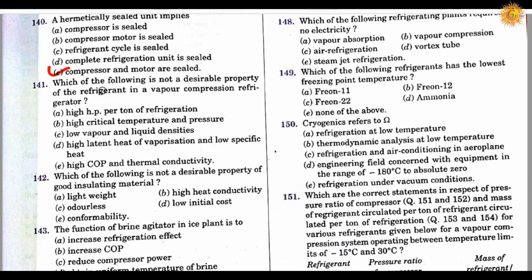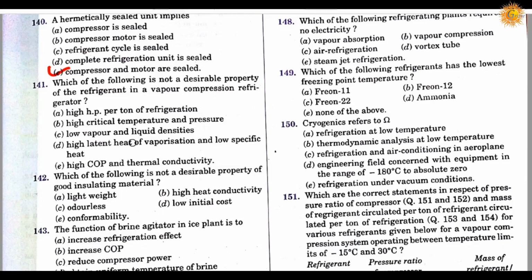Question 141. Which of the following is not a desirable property of the refrigerant in a vapor compression refrigerator? Option A, high horsepower per ton of refrigeration; option B, high critical temperature and pressure; option C, low vapor and liquid densities; option D, high latent heat of vaporization and low specific heat; option E, high coefficient of performance and thermal conductivity.